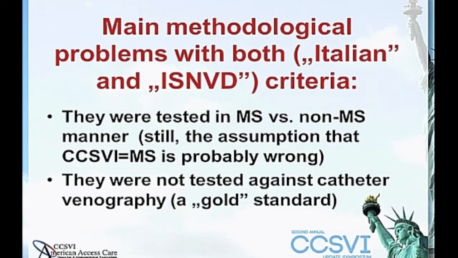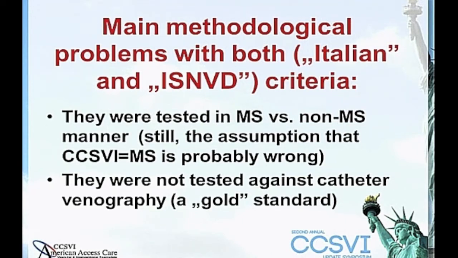But the problem with all those sonographic criteria is that, firstly, they were tested on the assumption that CCSVI exists in multiple sclerosis, while in a non-MS individual there is no CCSVI.